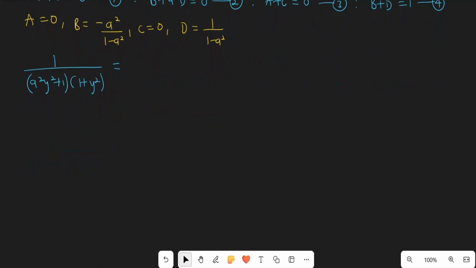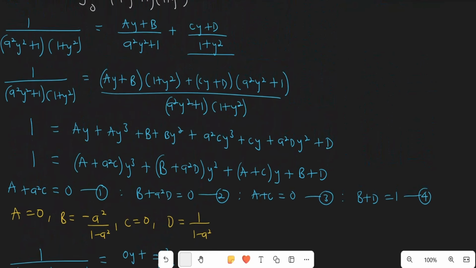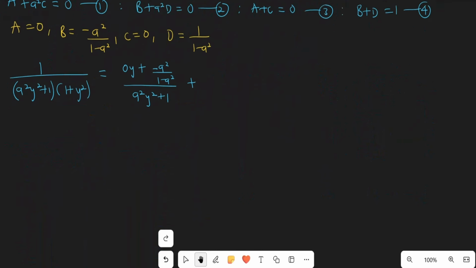So a is 0, so we have 0 times y plus b, and b is negative a squared all over 1 minus a squared. This one is divided by a squared times y squared plus 1, right? And then plus cy plus d divided by 1 plus y squared.